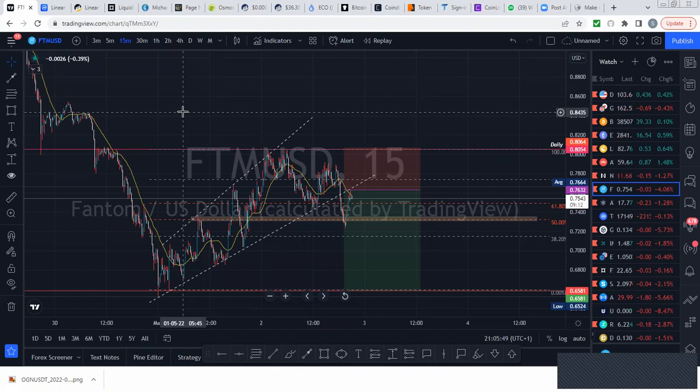Then anywhere the negative 27% is touched, that will give you the next retracement point. So if that negative 27 breaks, the next take profit area will be negative 61.8.